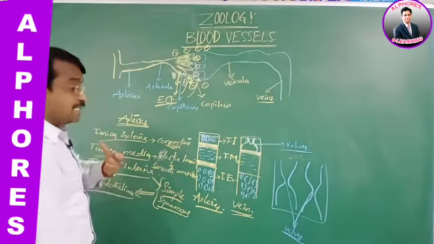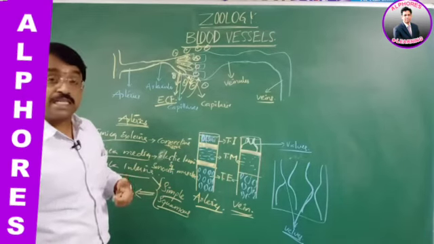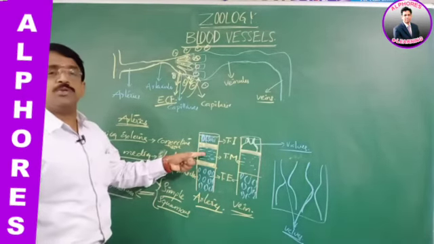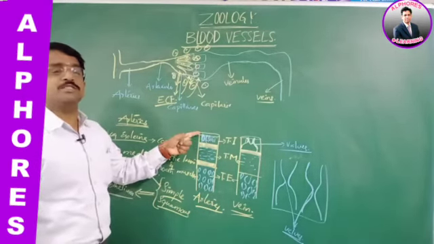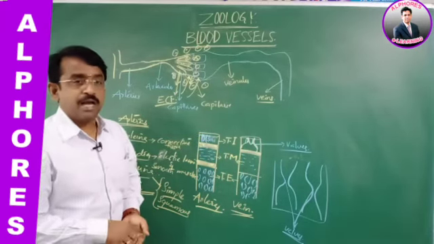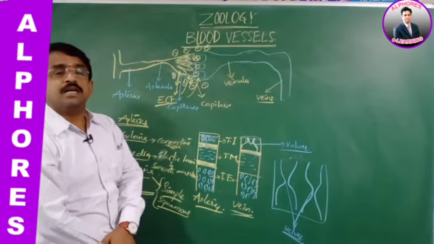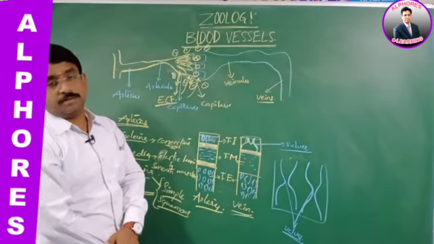Generally, the arteries and the veins have three walls, is it right? Tunica externa, tunica media and tunica interna. Tunica interna is made of simple squamous epithelium. Unlike the arteries and veins, capillaries have only endothelium, that is the simple squamous.